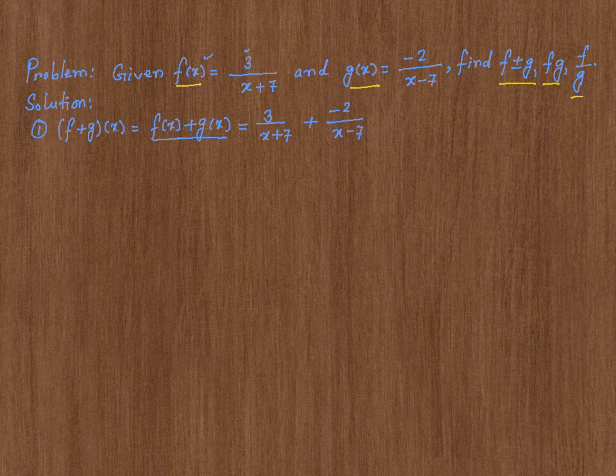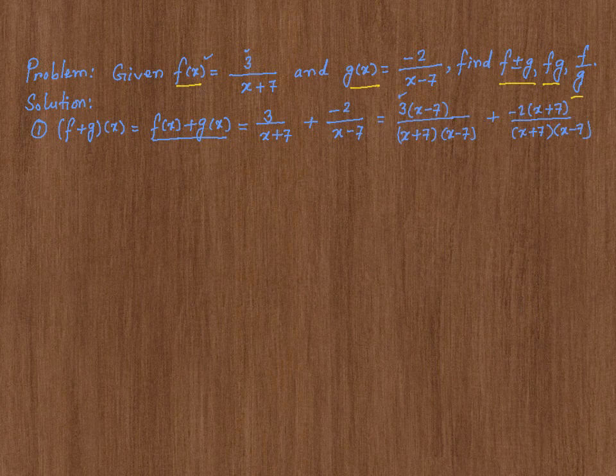Now I need to combine these two terms using the LCD. So LCD of the denominators is going to be x plus 7 times x minus 7. So I need to multiply the first term by x minus 7 and multiply the second term by x plus 7. If I do that, I get the following.